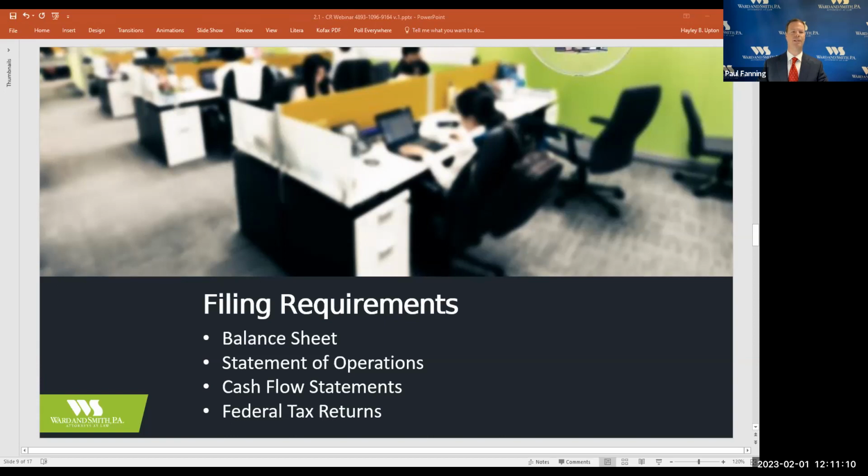For individuals, they're not going to have those financials, but they will have tax returns and they have to file those. And they can be required to file bank statements if needed in place of some of those financials.